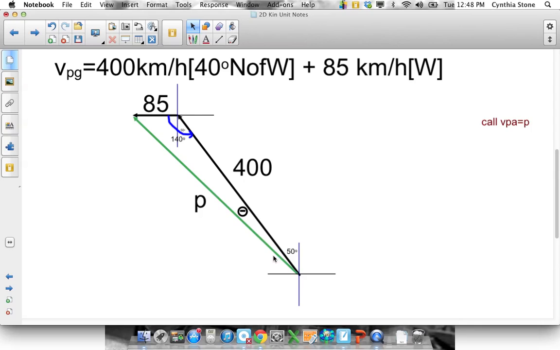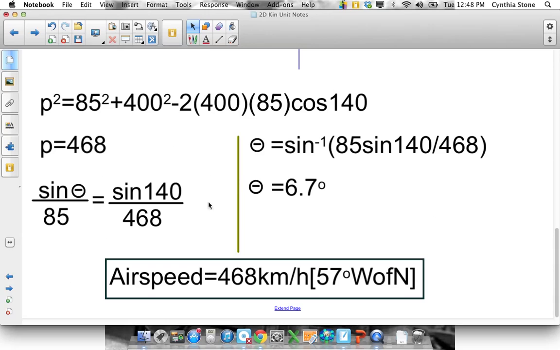Remember, if this was a vector addition, to get the ground speed, which is the 400, you would add P plus 85 east. But we're doing the subtraction to find P. So the number makes sense, and that's relative velocity with airplanes.